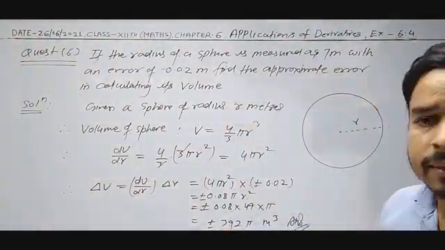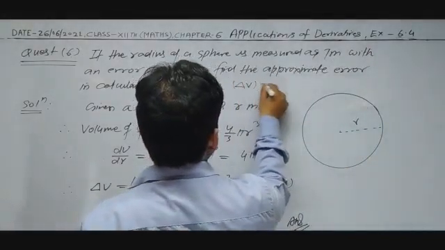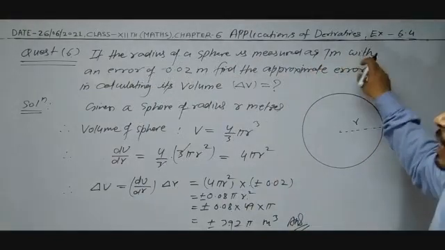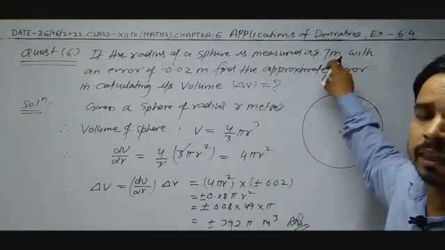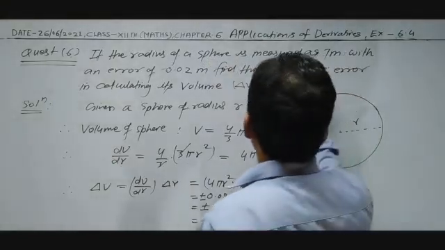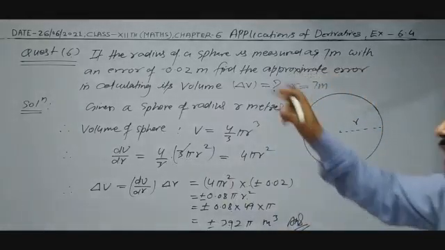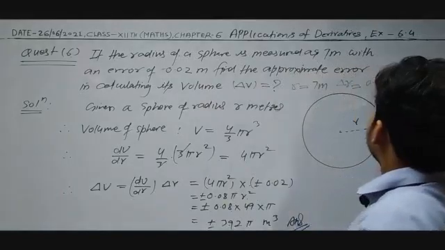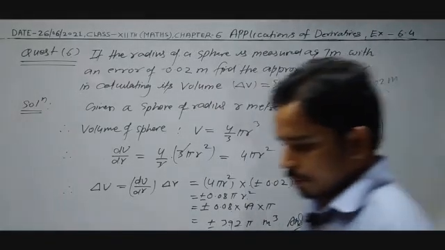That means we need dV equal to question mark. It is given that r is equal to 7 meter, and its error means del r value is 0.02 meter. This is given.